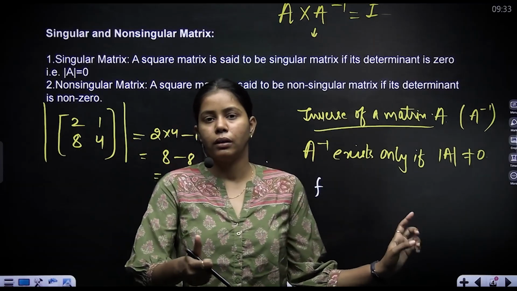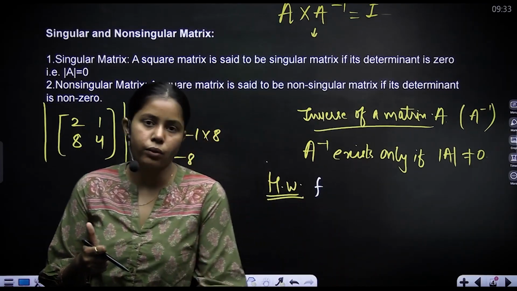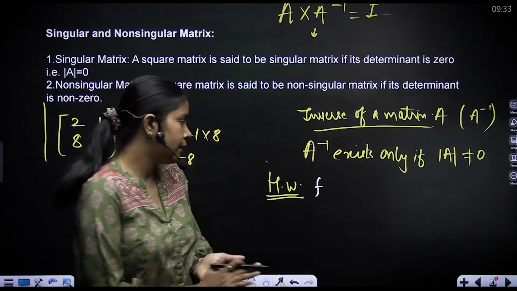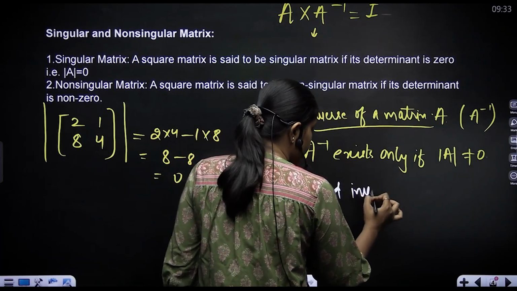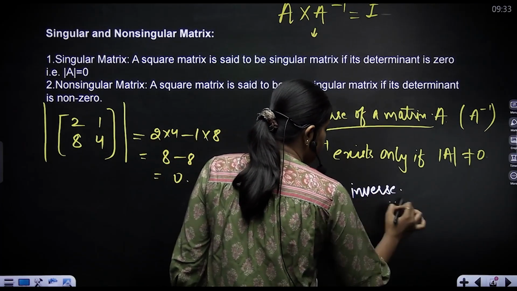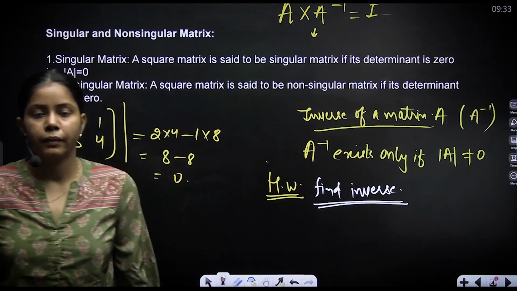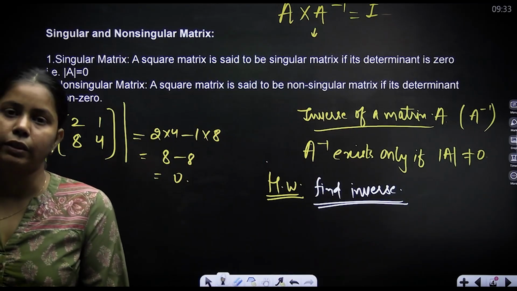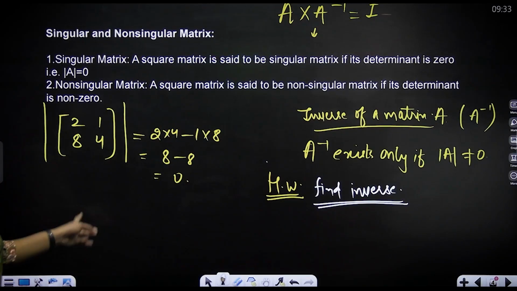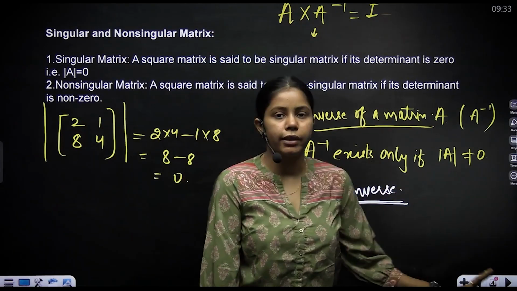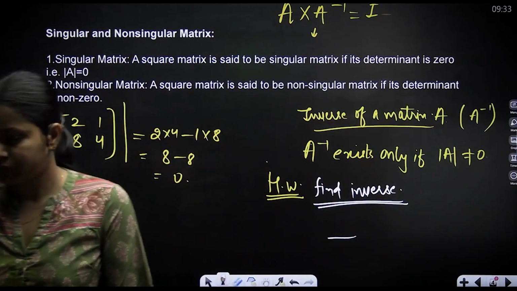You have to work on adjoint and cofactor. Just take one 3 cross 3 matrix and find its inverse. But the inverse of a matrix only exists if the determinant of A is non-zero.